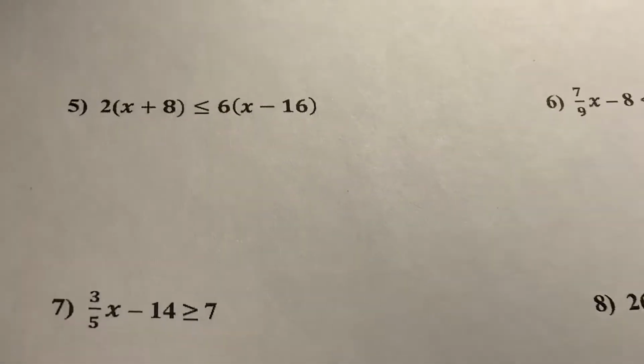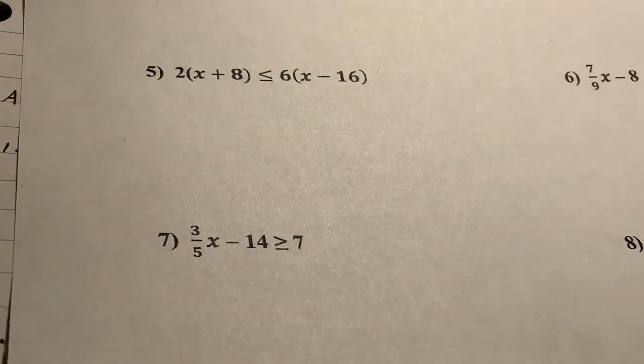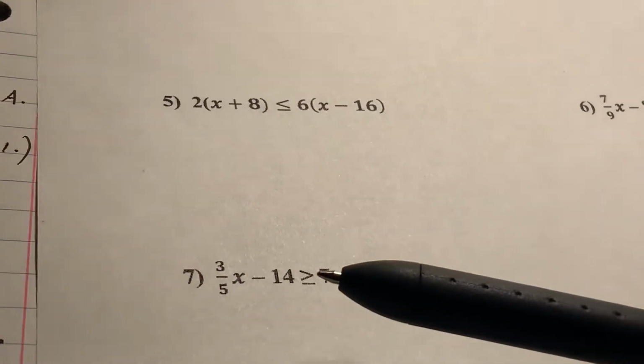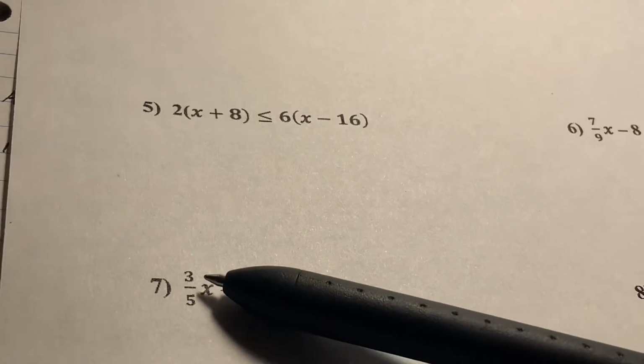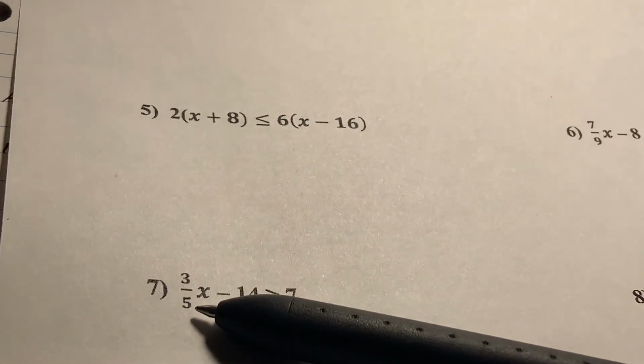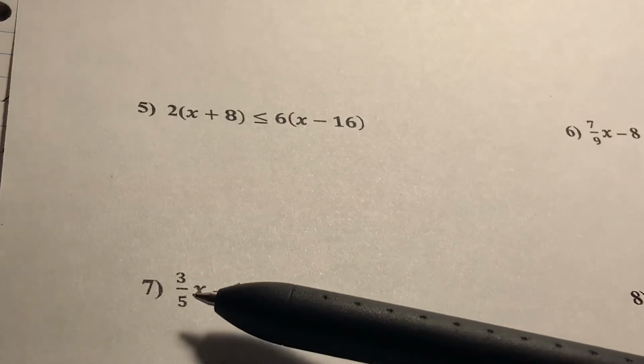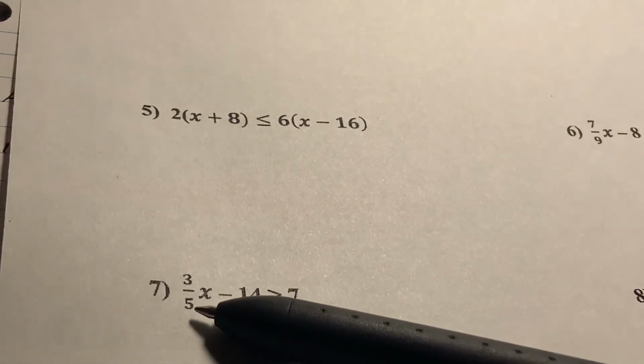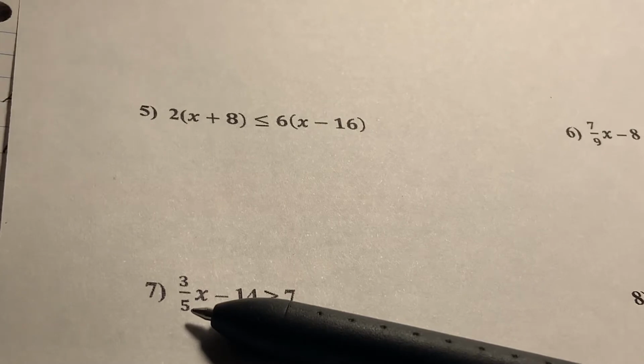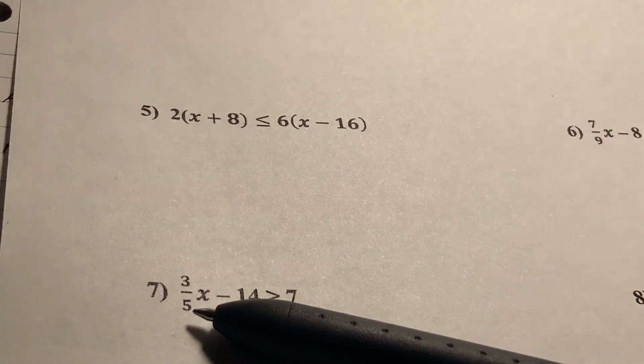For example, let me show you a problem really quick. My coefficient is a fraction, which means that to get the x alone, I would have to either multiply both sides by the denominator 5, or multiply both sides by the reciprocal 5/3.